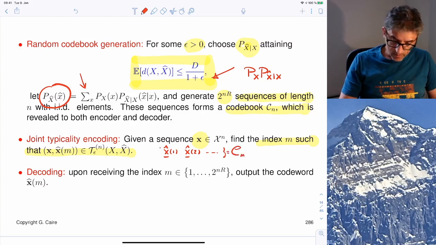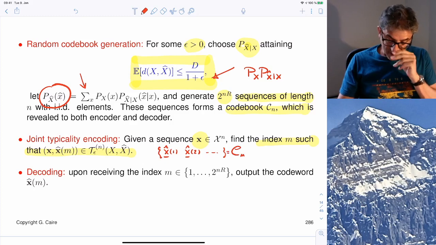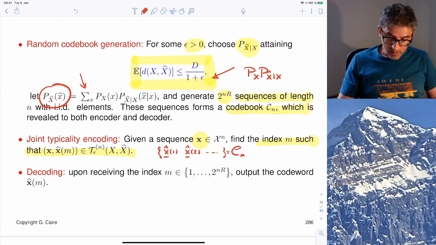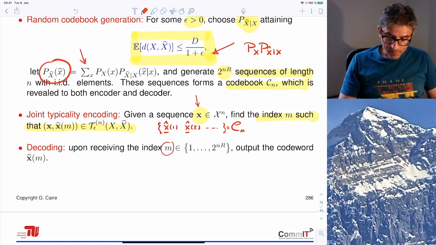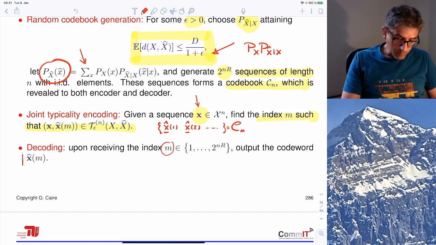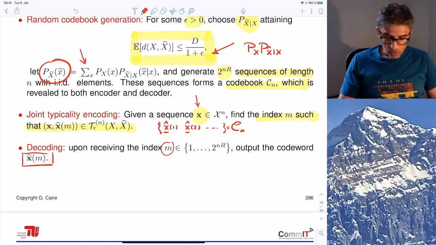As soon as we find one sequence that is jointly typical to our source sequence, then we pick that index m, and this is the index generated by the encoding function. For the decoder, given the index m, we simply output the corresponding code word. So it's the simplest possible thing.